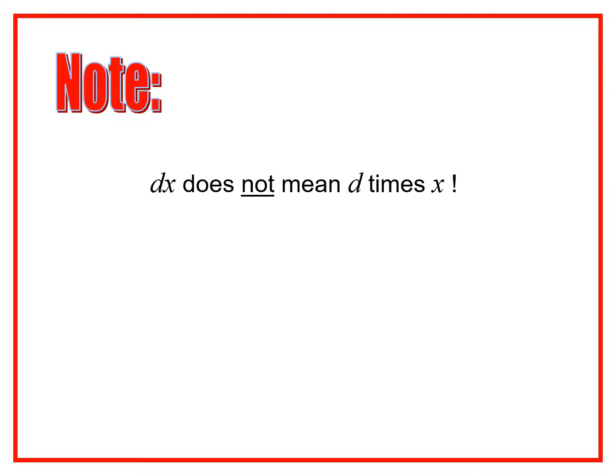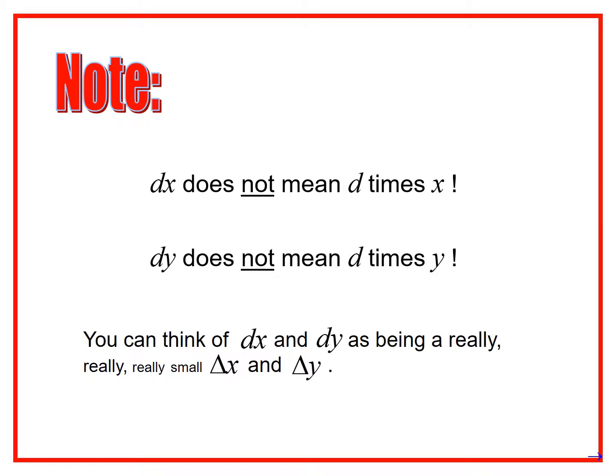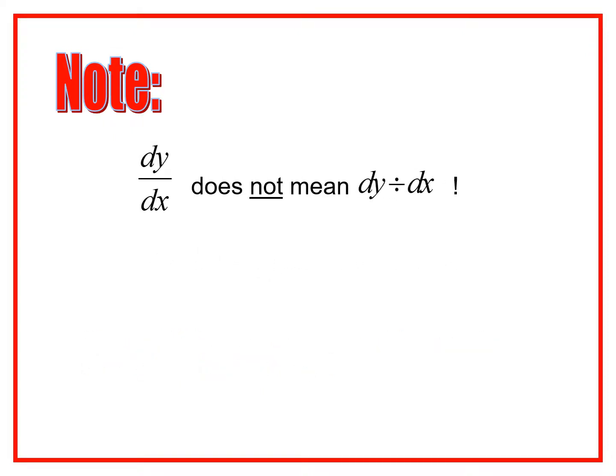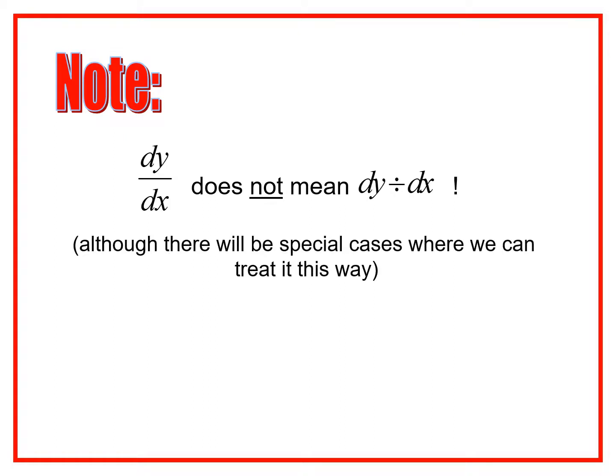And just really important to point out, we have this notation, dx, that shows up a lot. It does not mean d times x. dy does not mean d times y. You can think of dx and dy as being very small delta x and delta y. So a very small change in x or a very small change in y. And dy over dx or dy dx does not mean division.